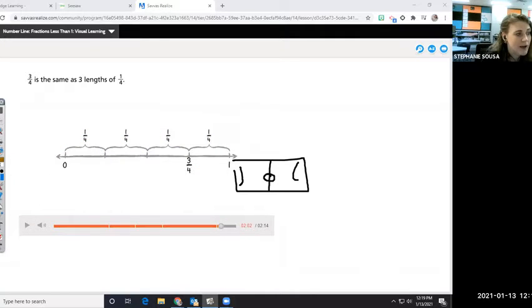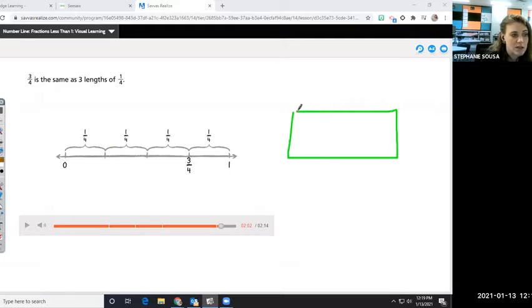If I did that, I would have 1, 2, 3, 4, 5 parts, and I don't. I only have 4 because we count the spaces, okay? Very important to remember that. Spaces, spaces, spaces.